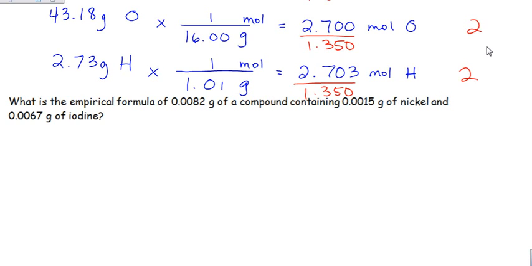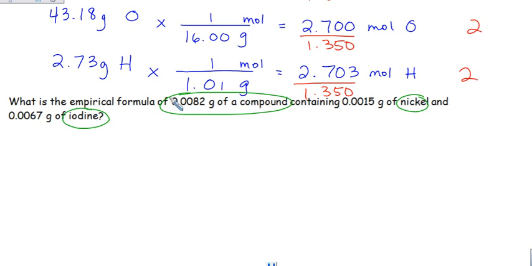We should be aware that the mass of the nickel plus the mass of the iodine should give me the overall mass of the compound. So if by chance I wouldn't be given, let's say, the iodine, but I knew the nickel, I could subtract them to figure out the mass of the iodine.